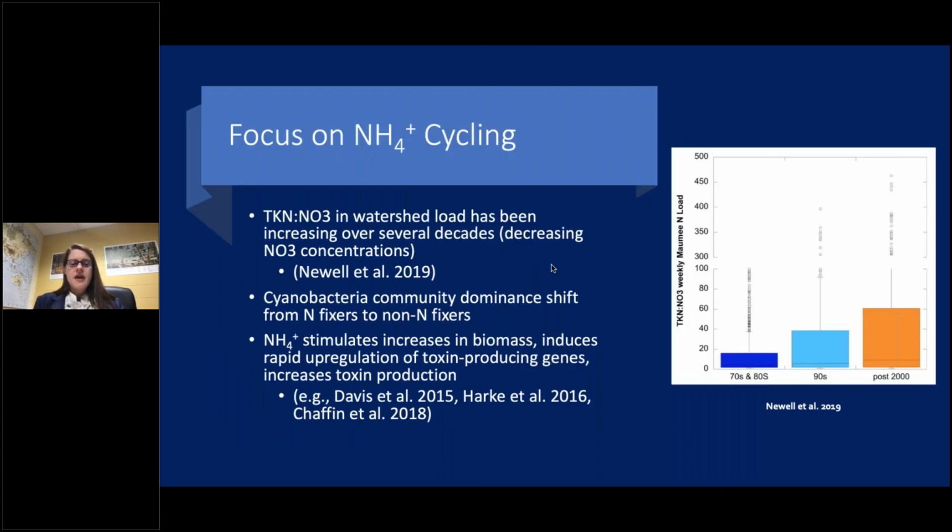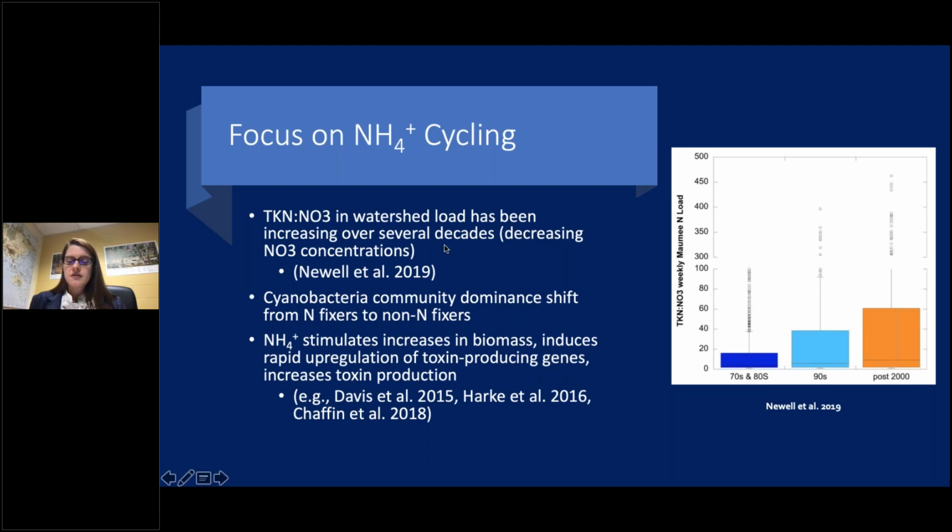However, we now know that the ratio of non-nitrate nitrogen, so Kjeldahl nitrogen or total Kjeldahl nitrogen, to nitrate in the watershed has been increasing over the last several decades. And here you can see a figure from a paper I headed in 2019 showing that that ratio has changed greatly by decade in terms of what's coming out of the Maumee weekly.